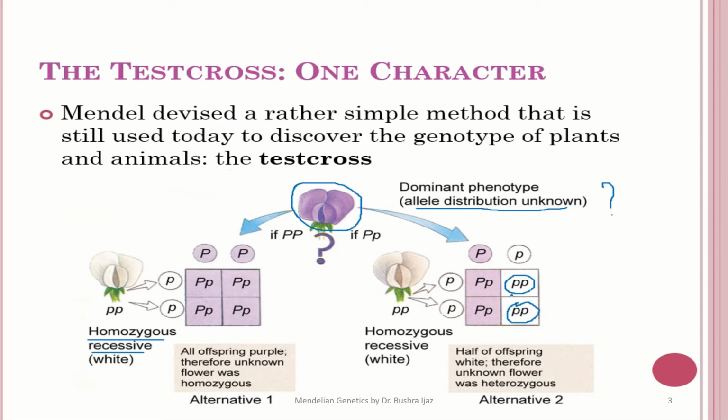For this plant must carry one small p allele. That's how we can easily conclude what the genotype of that plant is.